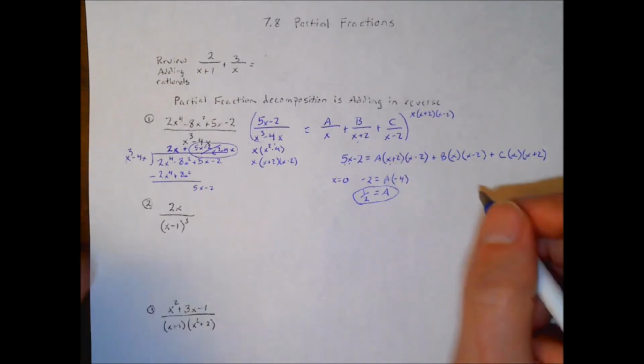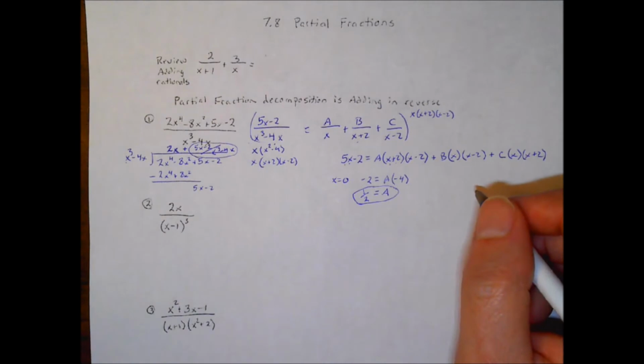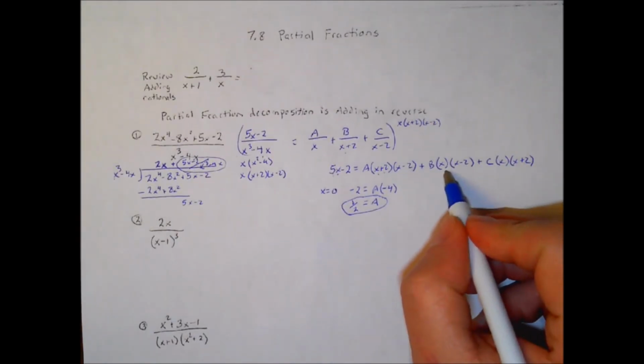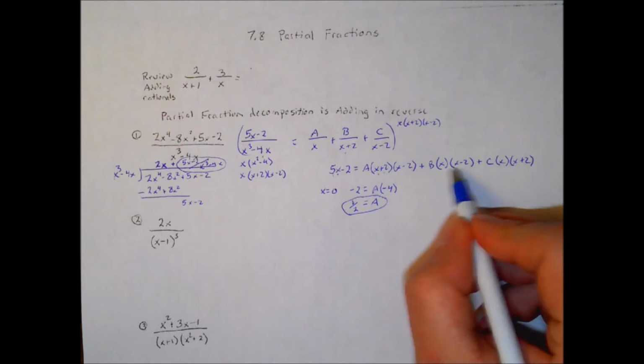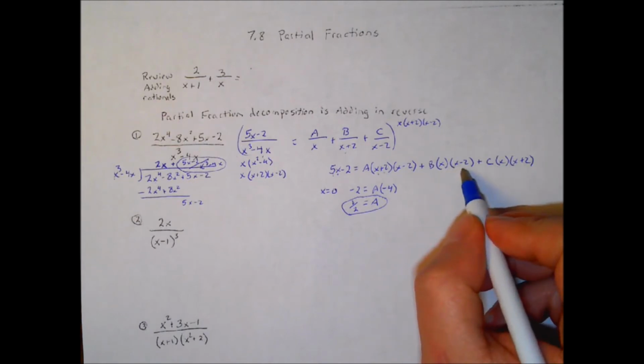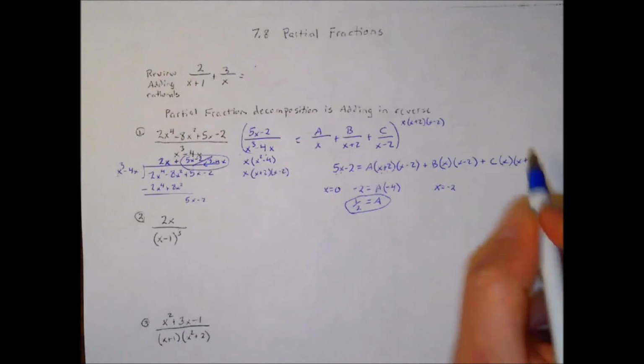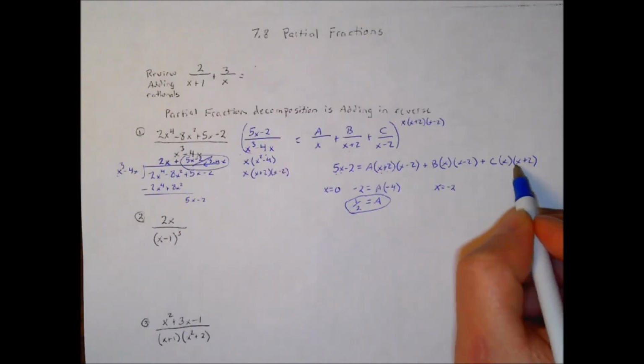Let's try to get everything to be 0 except for this one. So let's say x is negative 2. If x is negative 2, then negative 2 plus 2 is 0, so those two will cross out.